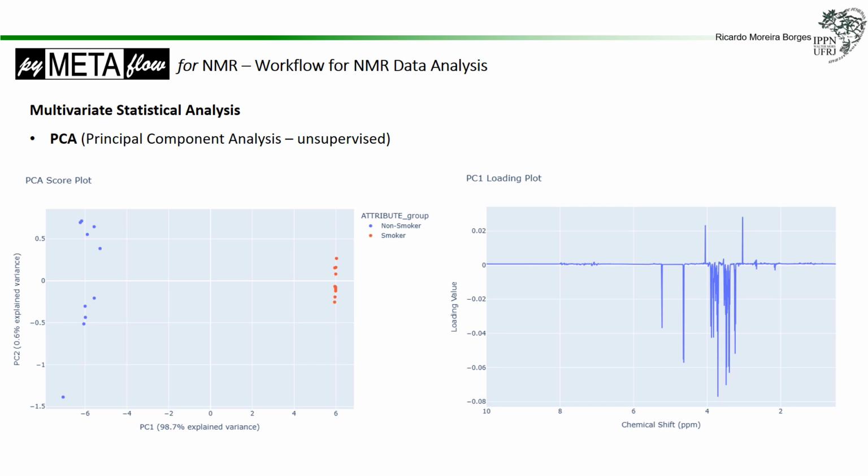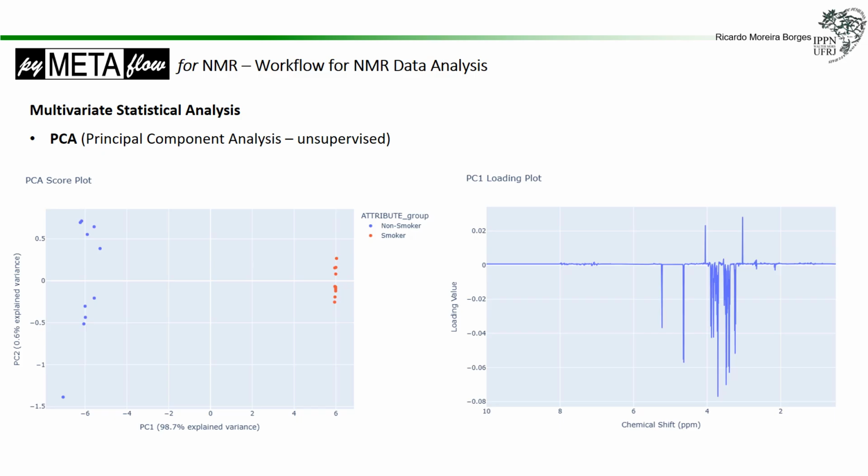So for the data analysis, we have PCA, PLS-DA, STOCSY, and OPLS-DA in our pipeline. I won't dive into each method, but this is a demonstration of how the PCA score plot looks like. It is classified.